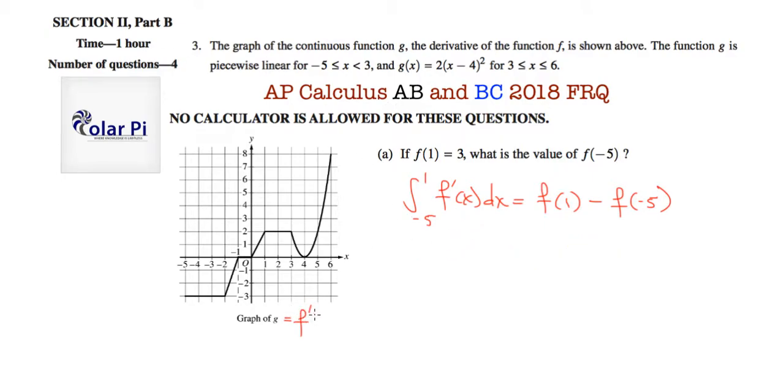Now, because we said f prime is g from what we're told, we can write this equation as the integral from -5 to 1 of g of x dx, again because g of x is f prime, and this is still going to equal f of 1 minus f of -5.